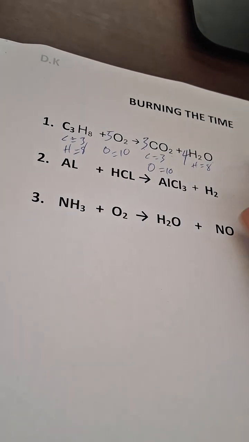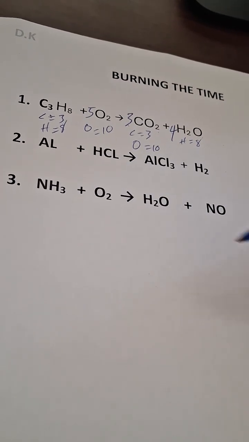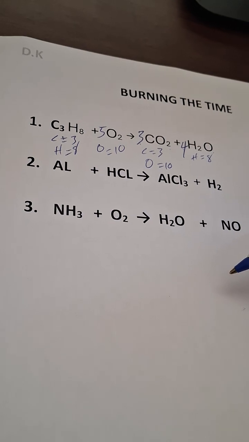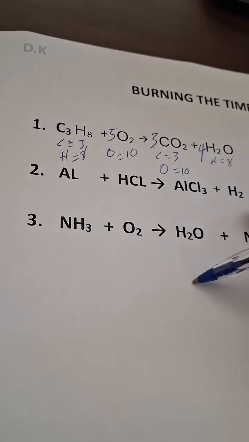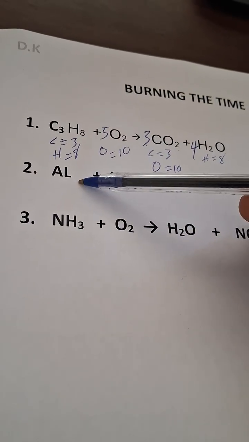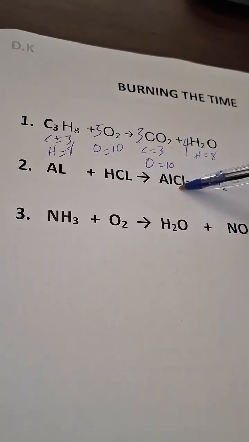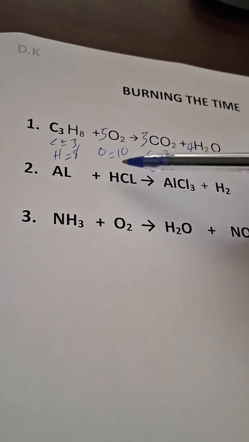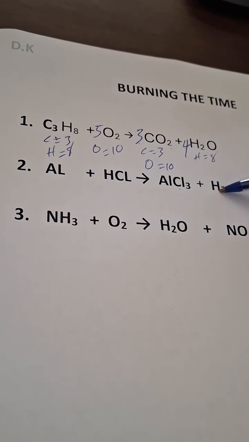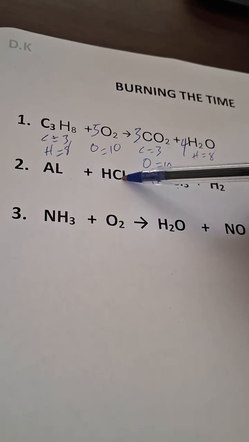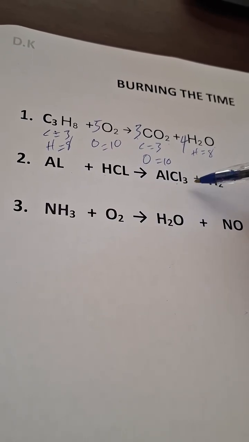Now let's look at how we can react aluminium plus hydrochloric acid to give aluminium chloride and hydrogen gas. How do we go about this? Now you realize that we have 1 aluminium on the left side, 1 aluminium on the right hand side, 1 hydrogen on the left hand side, 2 hydrogens on the right hand side, then 1 chlorine on the left hand side and 3 chlorines on the right hand side.